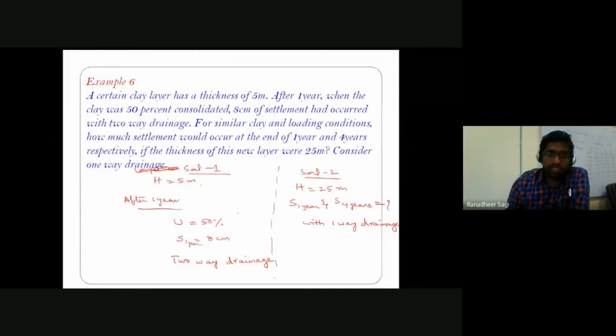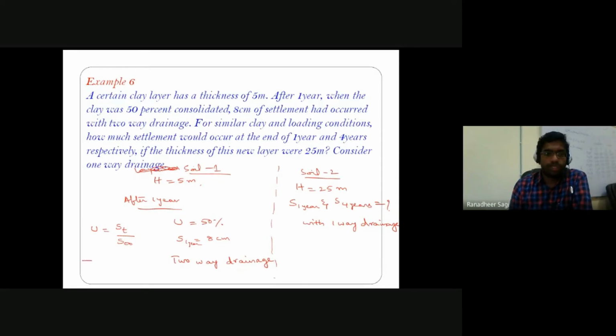Now, if you look at soil 1, for 50% degree of consolidation, the settlement is 8 centimeters. And if you recall what we discussed about degree of consolidation, how did we define it? Degree of consolidation is the settlement at any time in that soil divided by the final settlement.